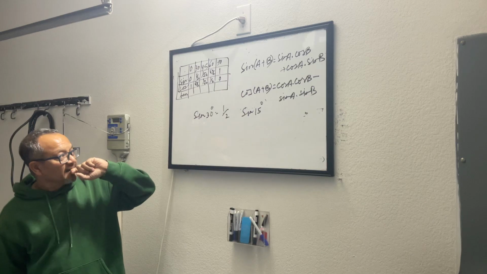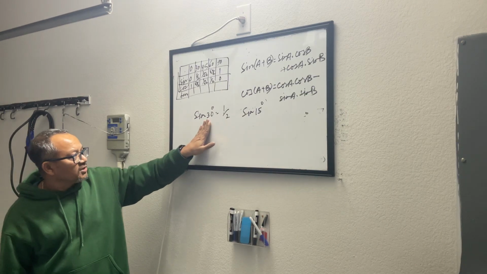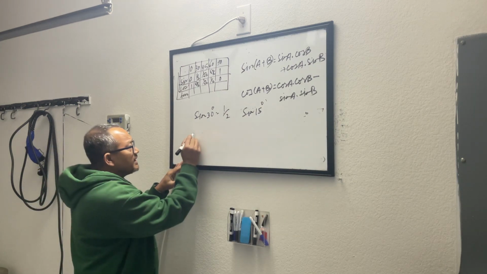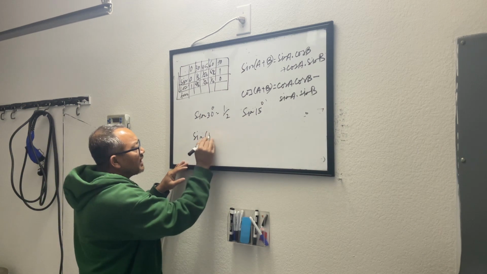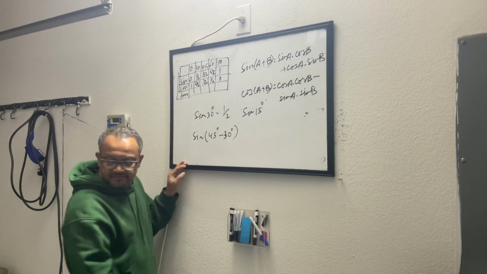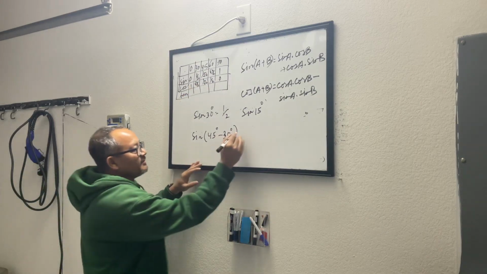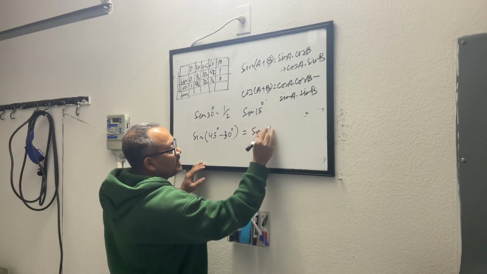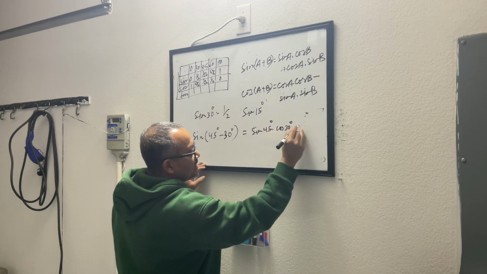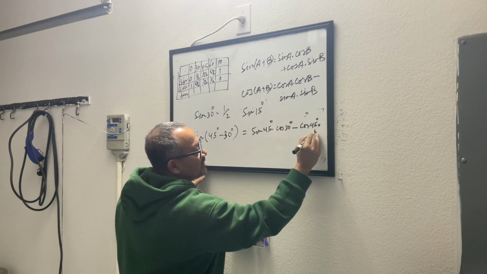Now, how do I find it? Sine 30 I know, sine 15 I don't know. But can I say sine of 15 degree is sine of 45 degree minus 30 degree? And then we'll apply the formula, which will be sine of 45 degree times cos of 30 degree minus cos of 45 degree times sine of 30 degree.